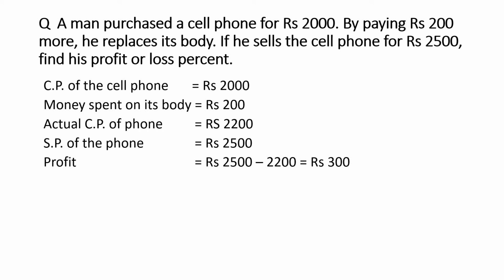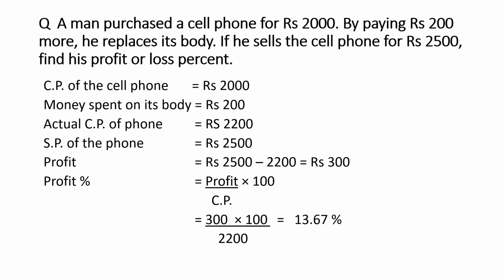And now profit percent is profit upon CP into 100. Profit is rupees 300 upon CP 2200 into 100, and the answer is 13.67%.